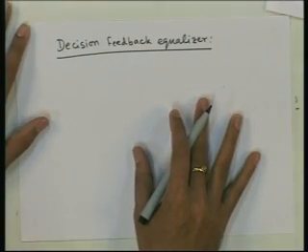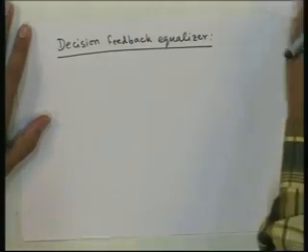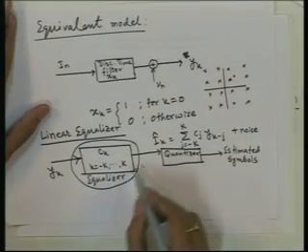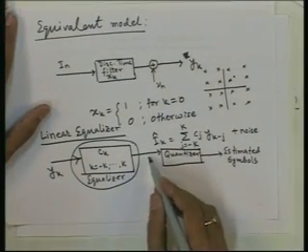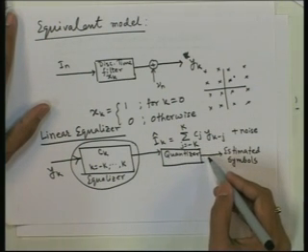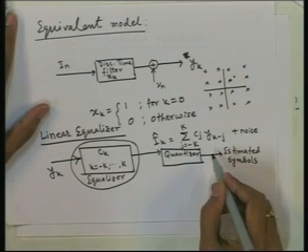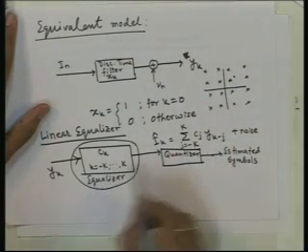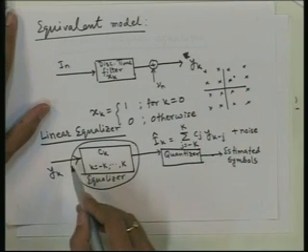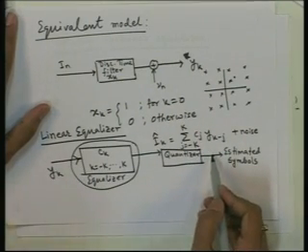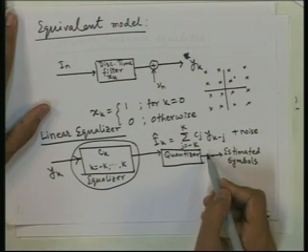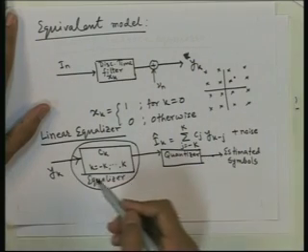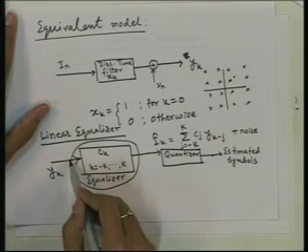So, what is the philosophy of this? The philosophy is that when we considered a linear equalizer, after we have received some symbols here, and we have also decided after quantization what was transmitted from the constellation point, then even though there is some interference here from those symbols which we have already received, we are not using these values which we have already detected to cancel the interference on the future symbols which are coming.